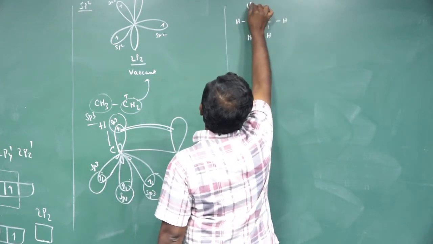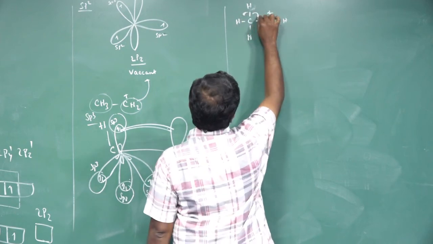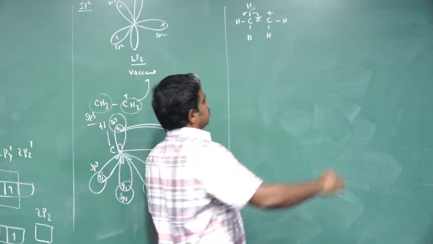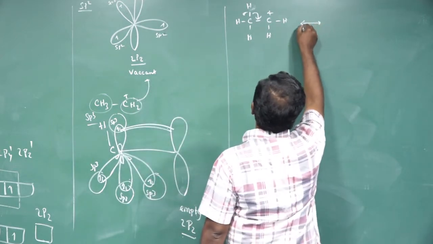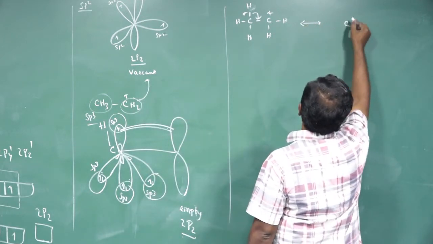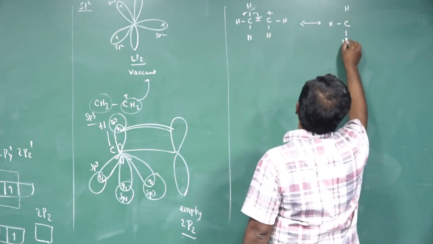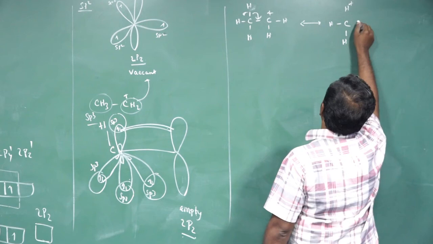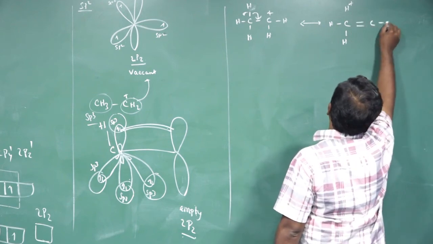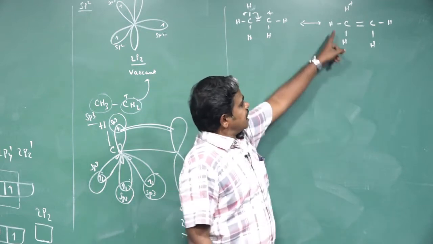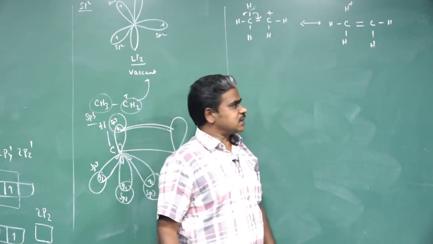So this sigma bond delocalization occurs. So we are getting the resonance structure, that is carbon and hydrogen bond, hydrogen and here hydrogen and here double bond CH and that H. And this hydrogen also undergoes resonance stabilization.